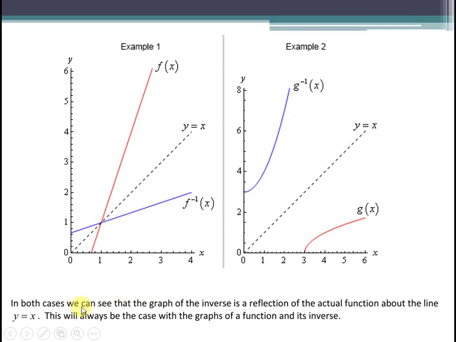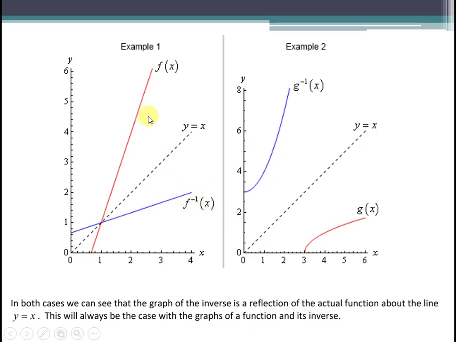Remark, in both cases, we can see that the graph of the inverse is a reflection of the actual function about the line y is equal to x. You can see they are reflections about this line. Here, the same, they are reflections. So this will always be the case with the graphs of a function and its inverse.